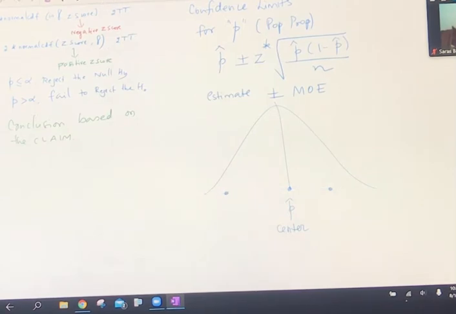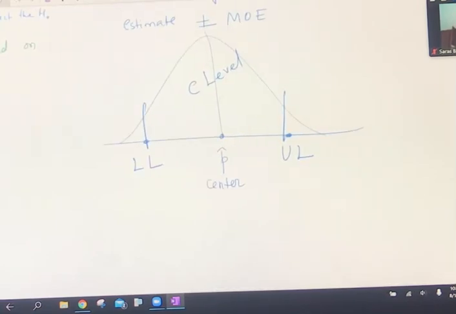The C level is going to be either 90% or 95%. So that's what I'm going to be writing as C level. This is going to give me the lower limit and the upper limit. So I am looking for 1.96 standard deviations above the center, and that's going to be my upper limit, and 1.96 standard deviations below the center, and that's going to be my lower limit.